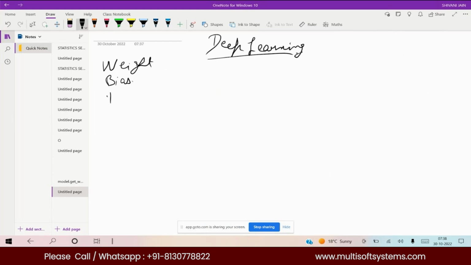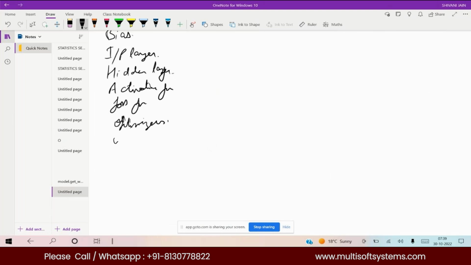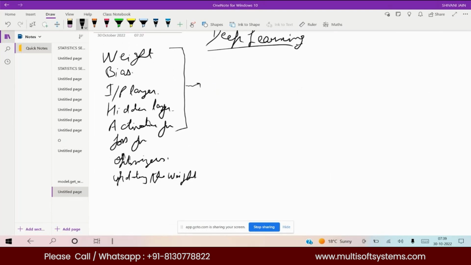Optimizers, input layer, hidden layer, activation function, loss functions, and then optimizers, and then updating the weights. Now these terms, starting from bias and weight till your activation function, are part of your forward propagation, and these three are your backward propagation.